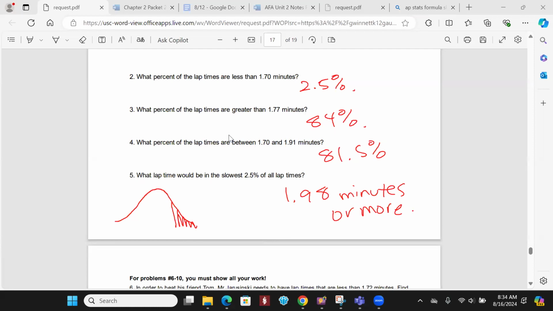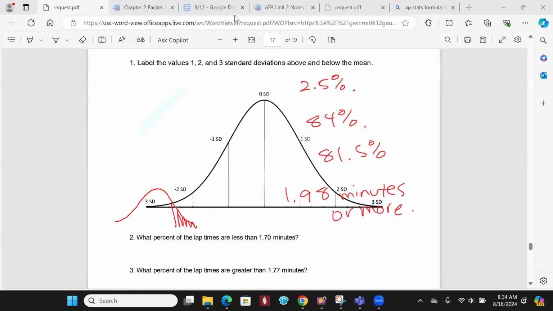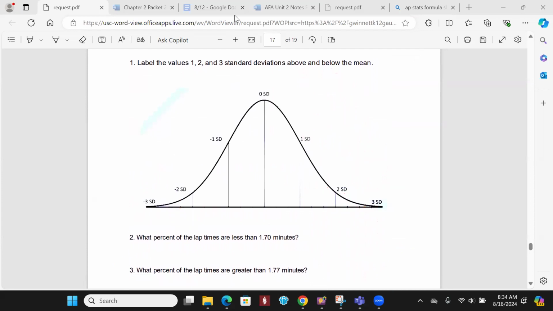Oh, it's 2.5%. Like in the normal distribution curve, this little section is 34, 13.5, and then 2.35 and then 0.15 for that next one over. When you combine those two, it's 2.5. Does that make sense? Anybody else on 2, 3, 4, or 5? All right, flip the page.